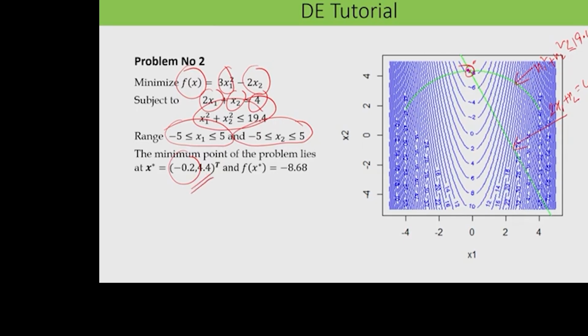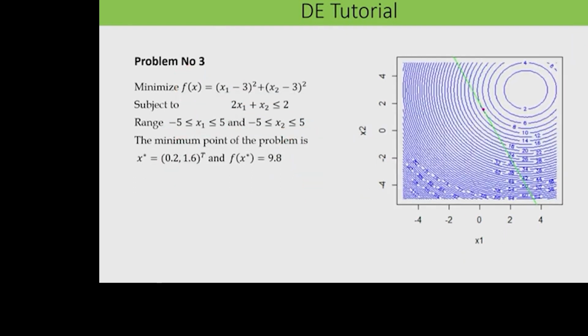This is the optimal solution, and the function value is minus 8.68. So, we will apply DE and try to get this constrained optimal solution of this problem.